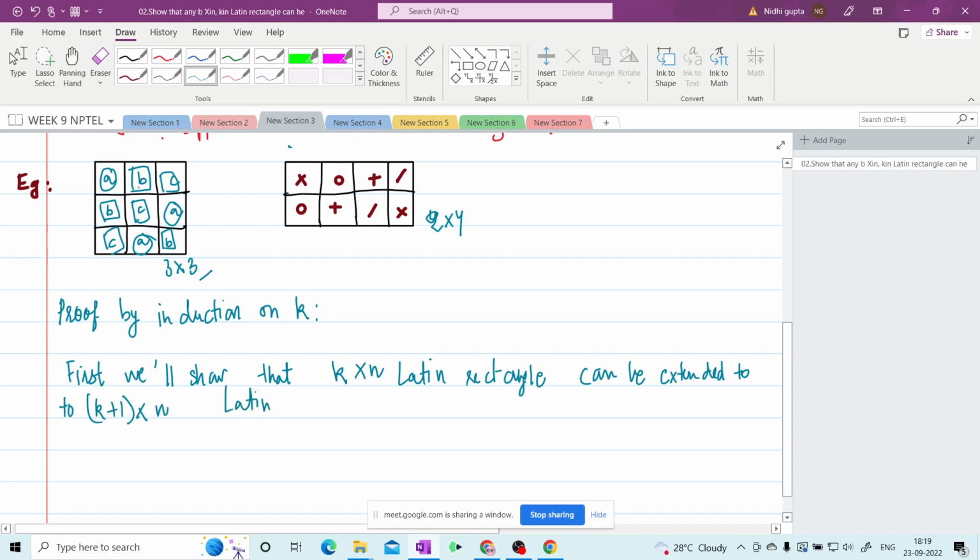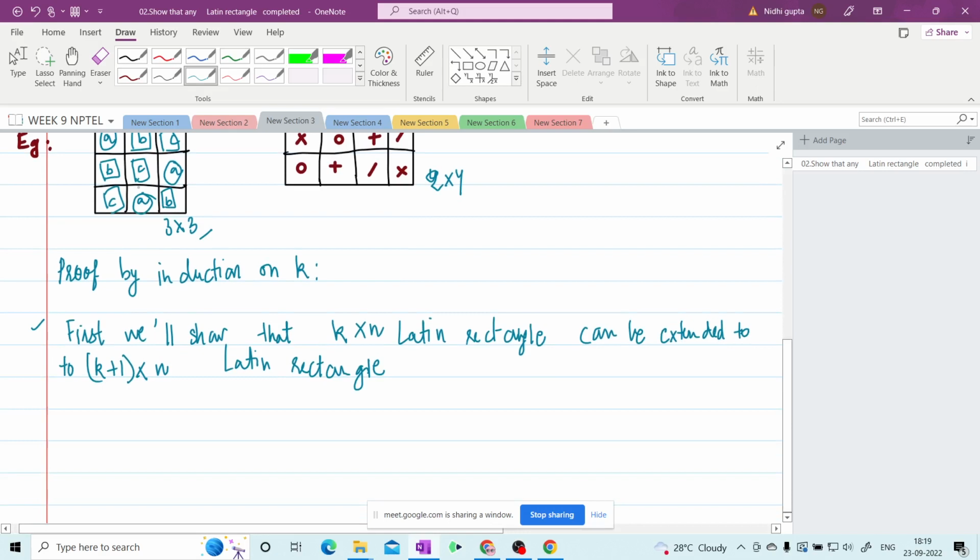That is, we'll extend one row at a time. If we show this, we are done, because then we apply this n minus k times. So it is sufficient to show this.